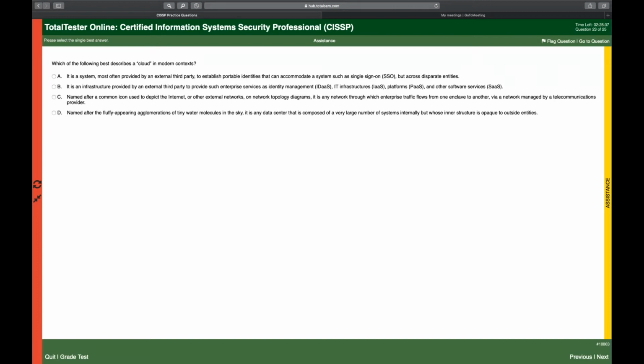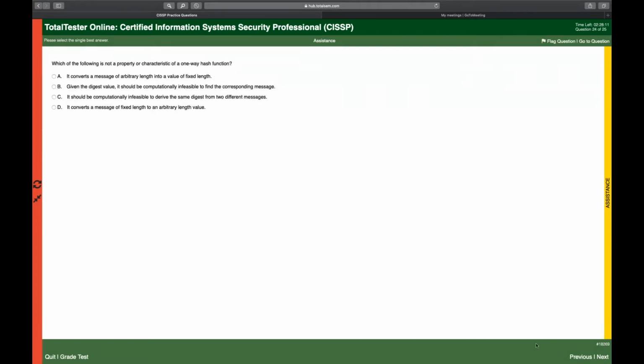I will say Bravo. Yep, I agree. Infrastructure as a service, platform as a service, and software as a service are the only 3 that NIST identifies. Identity management as a service is something that can be offered under one or more of the other 3. But I think it's the most correct answer here.